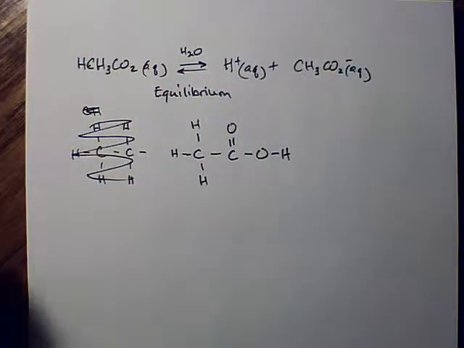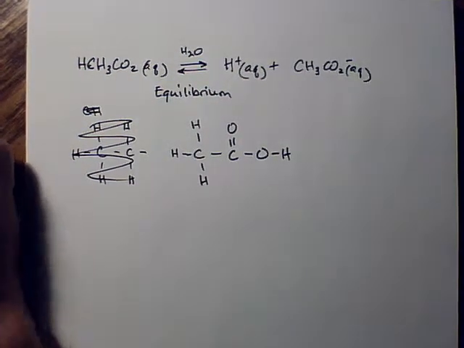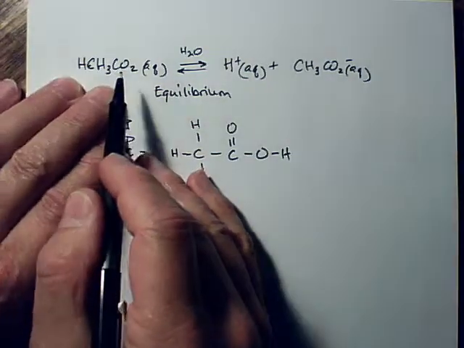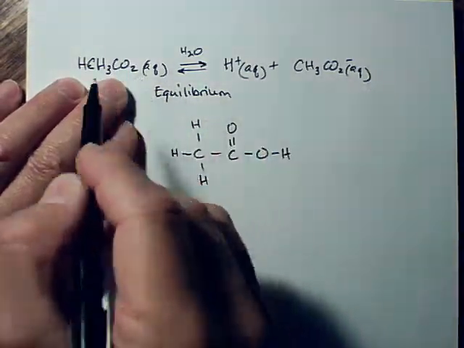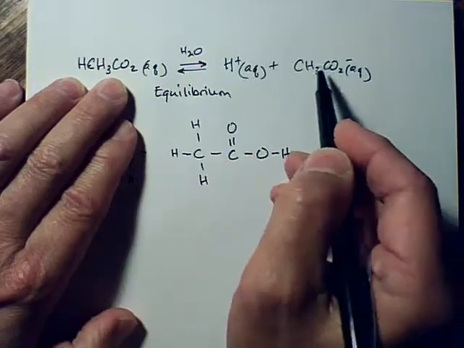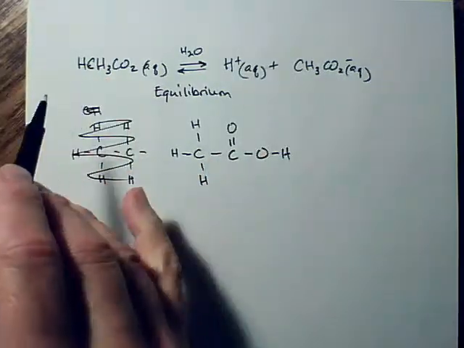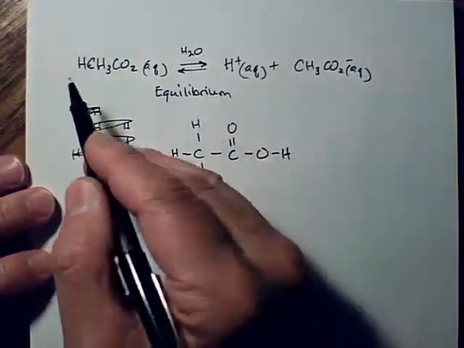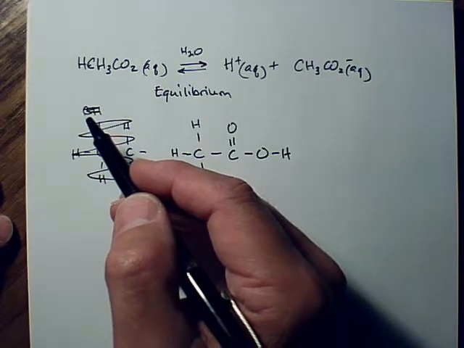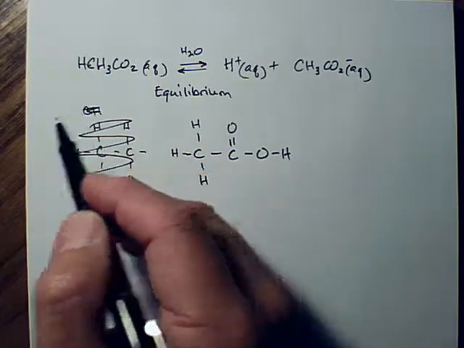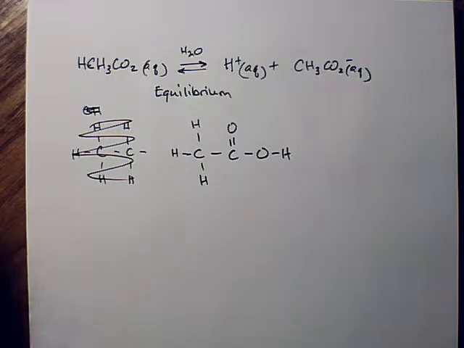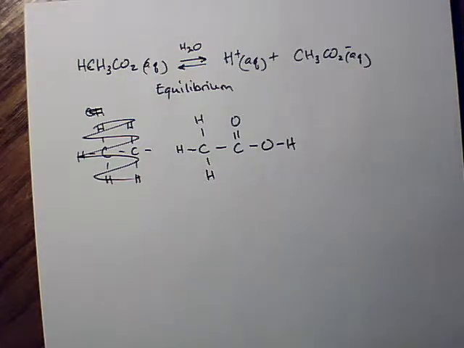Okay? It's called the equilibrium when it's balanced. When all of this stuff isn't in this form, all of this stuff isn't in this form, but we're always making this stuff and making this stuff at the same time. Now, you can think of it like this. When the bell rings out here, let's just use round numbers rather than the actual numbers.